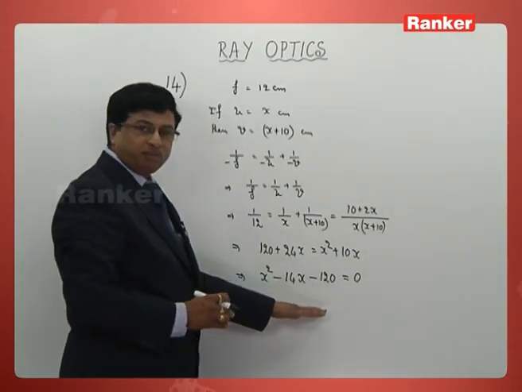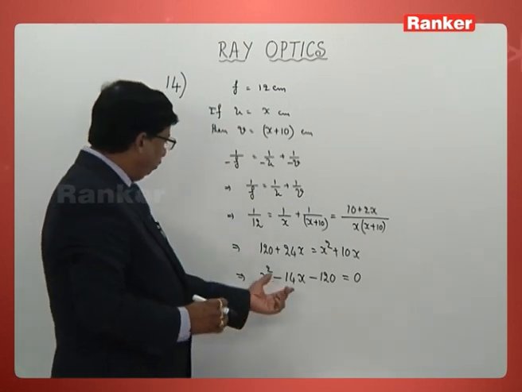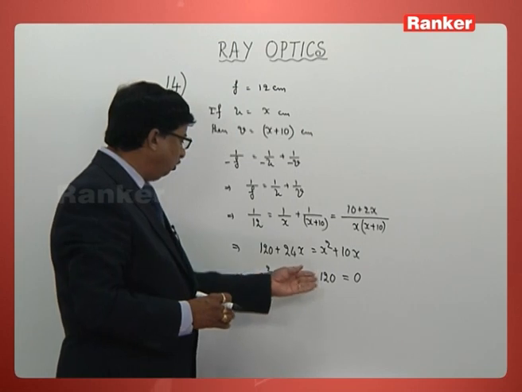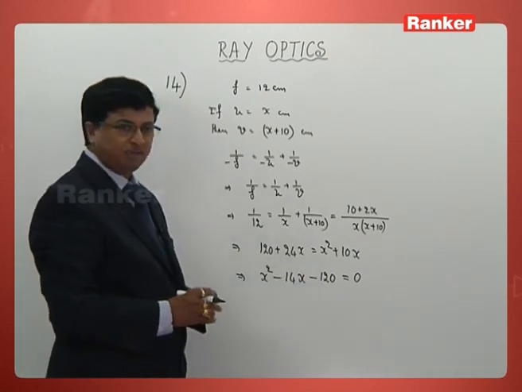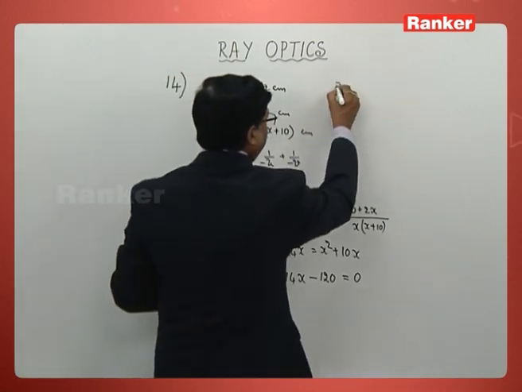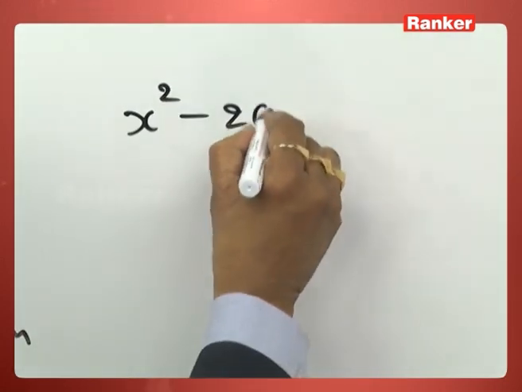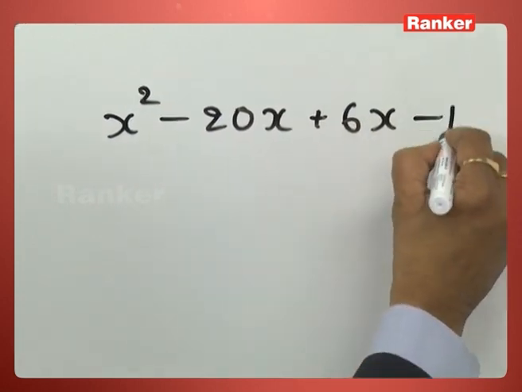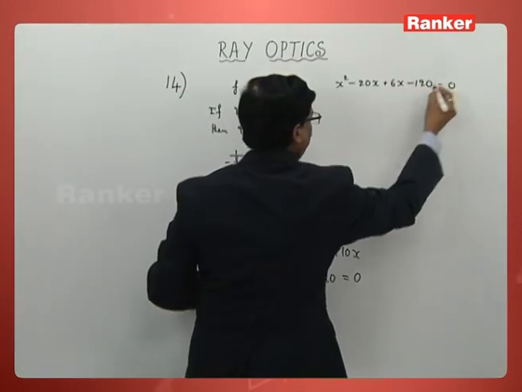If you simplify this equation, you can get the factors for x. In fact, you all know 20 times 6 is going to be 120. So straight away I can write x square minus 20x plus 6x minus 120 equal to 0.